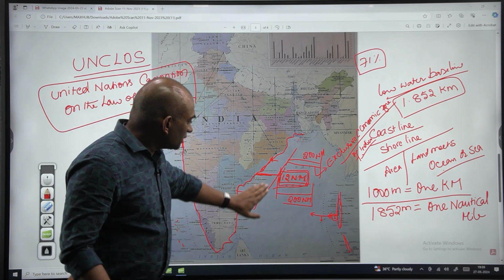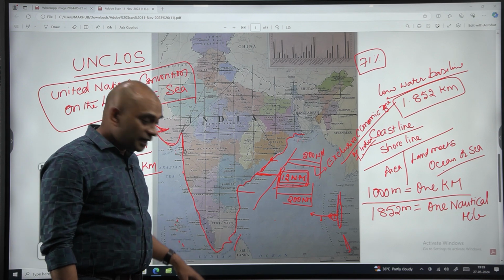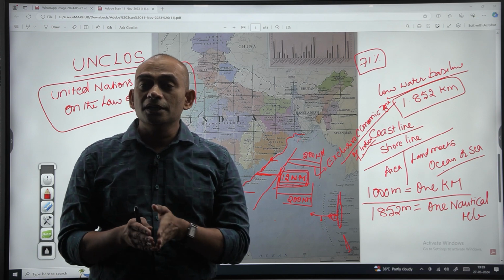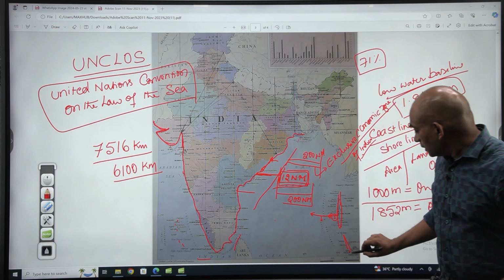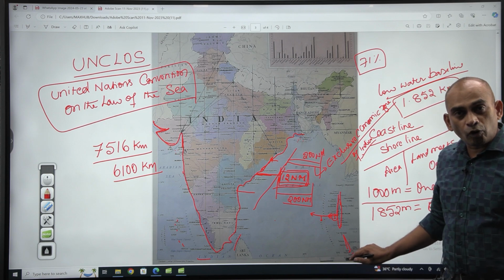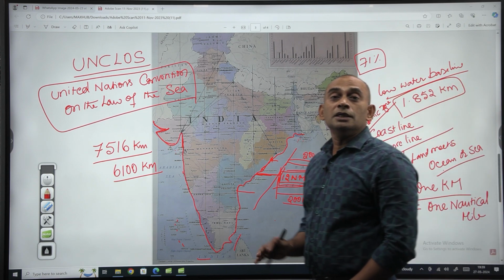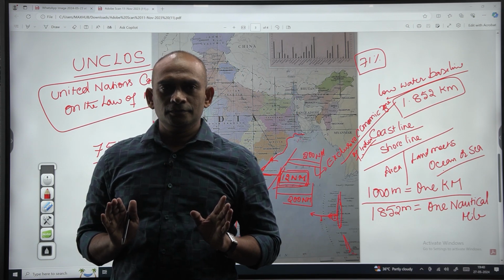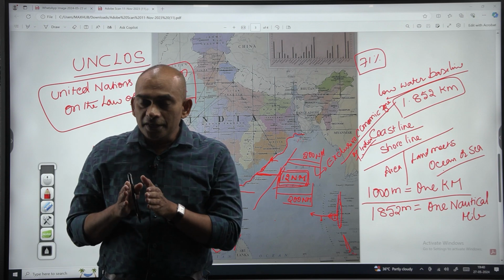If you take these maritime boundaries, look at Sri Lanka, and at the extreme south we have another country, the Maldives. Here this is the last point of India. What is that point? Indira Point. After that, there is no India. That is the southernmost tip of India.